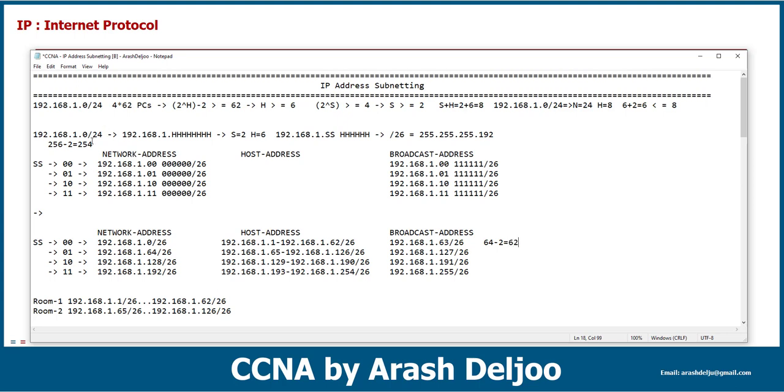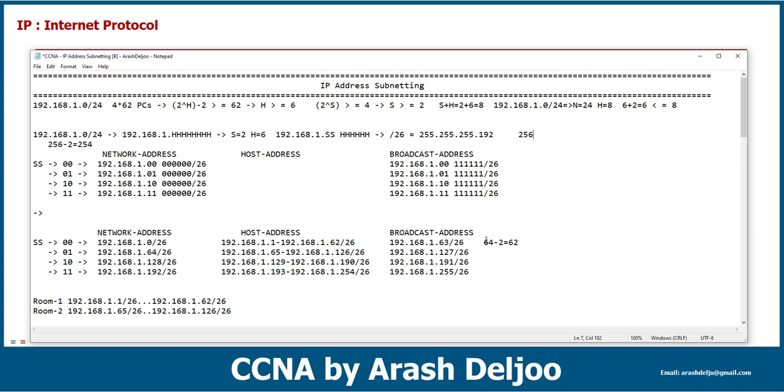This means that we can subnet one network with 254 usable IP addresses into 4 subnets, with 62 usable IP addresses available in each subnet. Let me calculate for you. Look here. In total we have 256 IP addresses, and usable is 254.